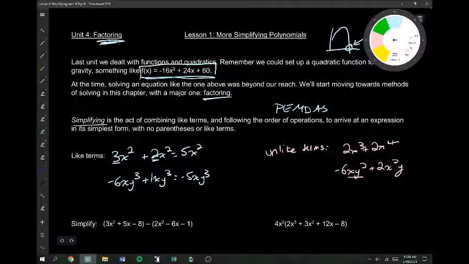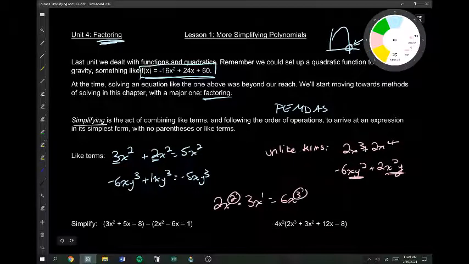They don't have the exact same variable power combinations, so I can't add them together. I also can't subtract them. I can multiply whatever I want. Like I can take this, and even though they're not like terms, I can multiply them to get 6x to the third. There's 2x's here and there's 1x here, so altogether there's 3x's. I can multiply unlike terms, but I can't add or subtract them.